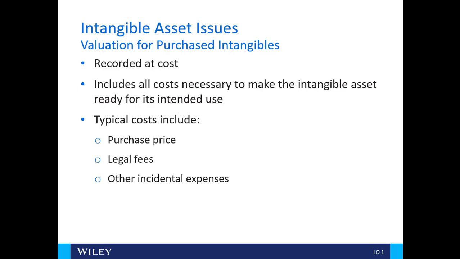It's reported at the cost, and the cost means not just how much it cost us to buy it from the company, but the cost to get the intangible ready for its intended use. So that usually means that there was some kind of legal or liability associated with the patent or the other intangible that you needed to pay, then that would go in as part of the cost too. So typically these costs would include how much you paid for it, plus legal fees is one of the main ones.